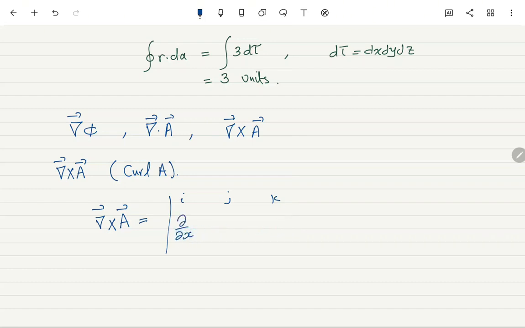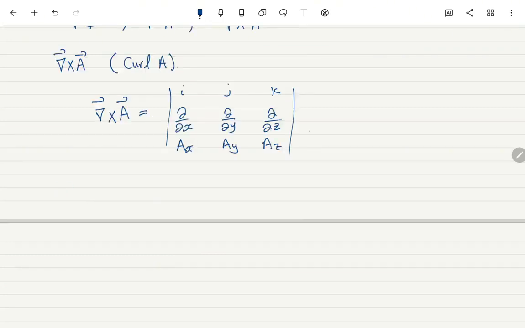Remember, the second row is the components for the first vector, which is partial x, partial y, partial z, and A in this case here it's equal to ax, ay, az.